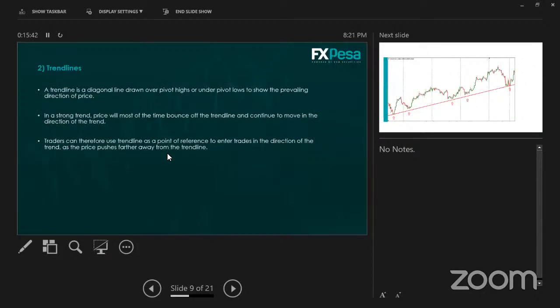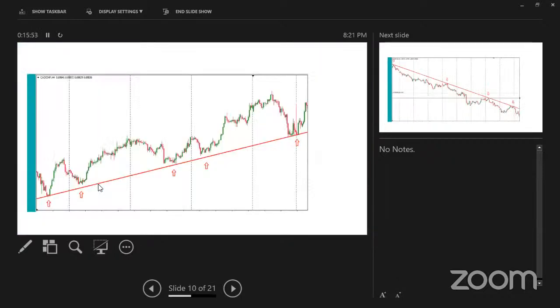Traders can therefore use a trend line as a point of reference to enter trades in the direction of the trend as the price pushes further away from the trend line. Most of the time they say the trend is your friend, but it is not as easy as you think. You can find an uptrend on a daily time frame, but when you go down, a downtrend.